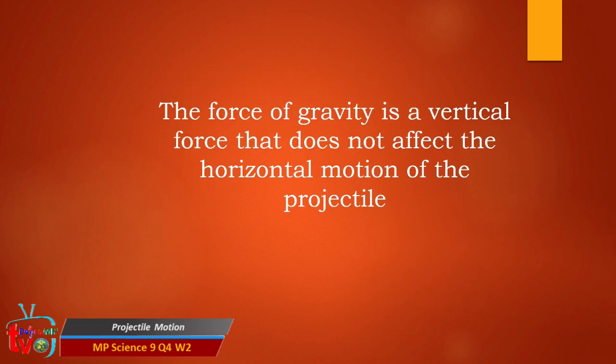Before moving further with the discussion, we have to consider these concepts when we are talking about the second case of projectile motion. Number 1, the force of gravity is a vertical force that does not affect the horizontal motion of the projectile.